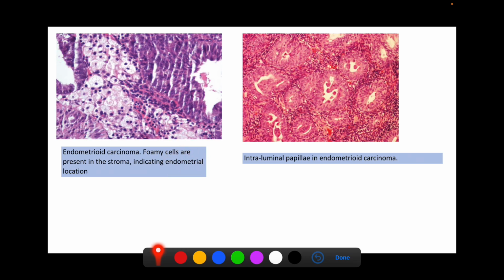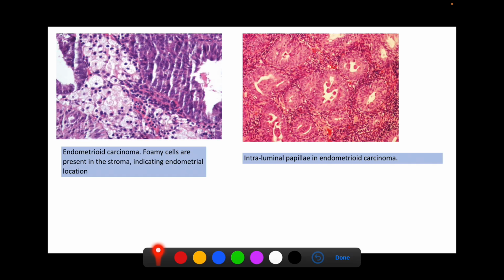Here this is a tumor gland showing intraluminal papillae. So it is suggestive of endometrioid carcinoma because nuclear features are mild to moderate in nature.